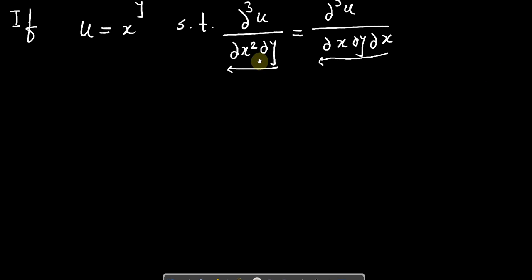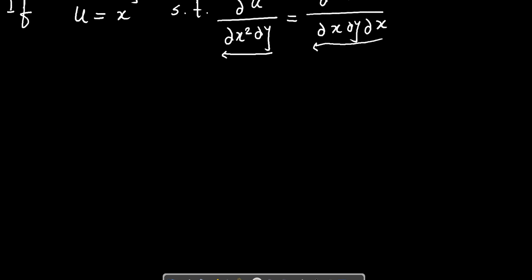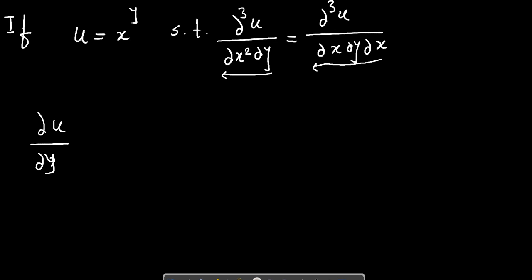So let's find these two derivatives. First, differentiate u partially with respect to y. Now, x raised to y. We have to differentiate the u with respect to y.